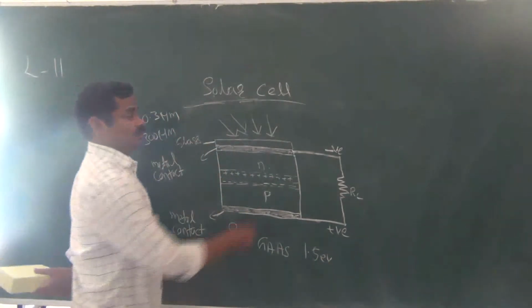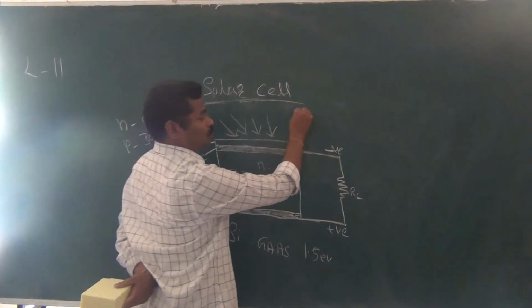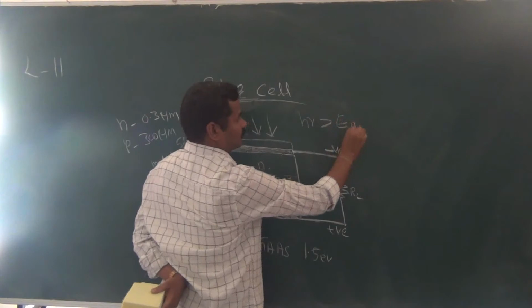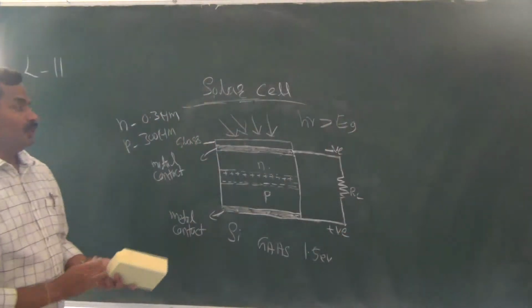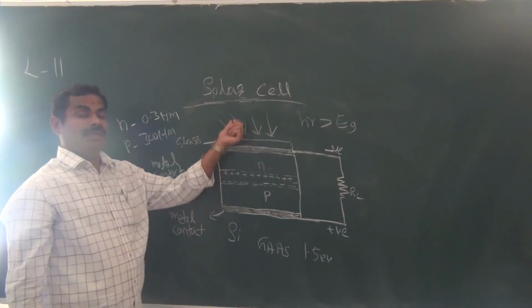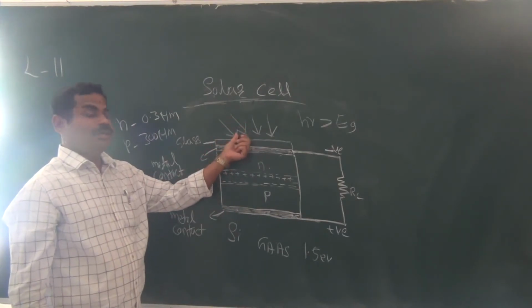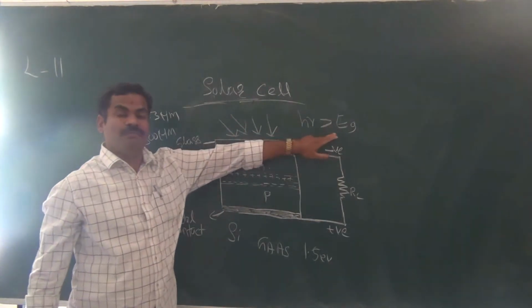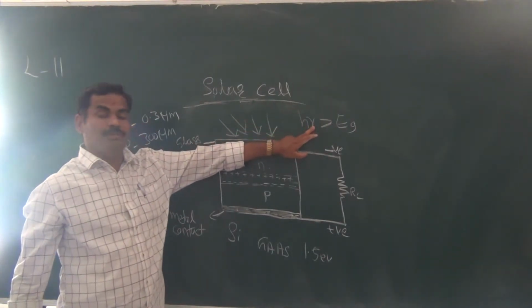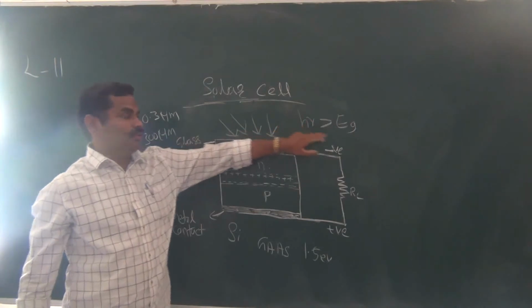Here the energy h nu of the incident light rays should be greater than the Eg, where h is Planck's constant and nu is the frequency.